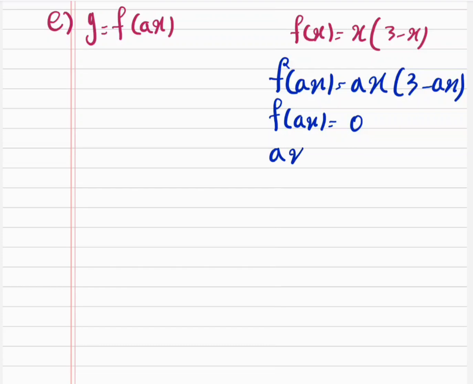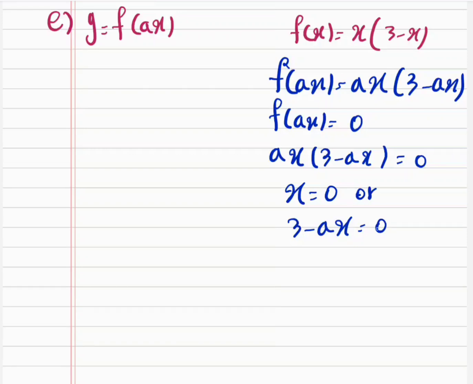So that means ax times (3 minus ax) is equal to 0. So either x is equal to 0, or 3 minus ax is equal to 0. So 3 is equal to ax, which means 3 over a is the other solution.